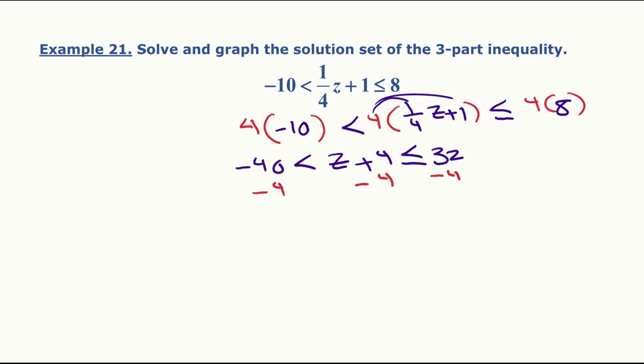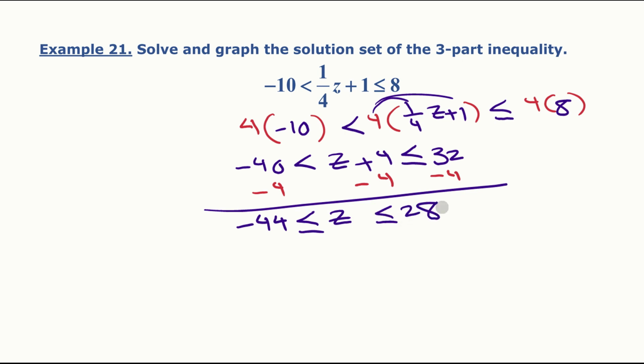Okay, and now we end up with negative 44 less than or equal to z less than or equal to 28. And that is the way we're going to solve this.